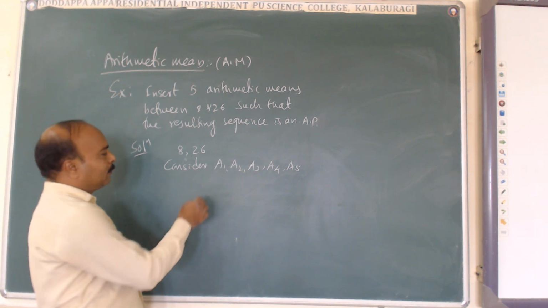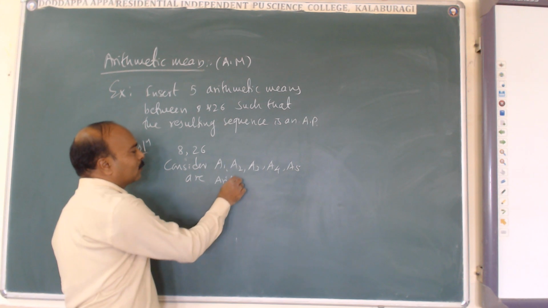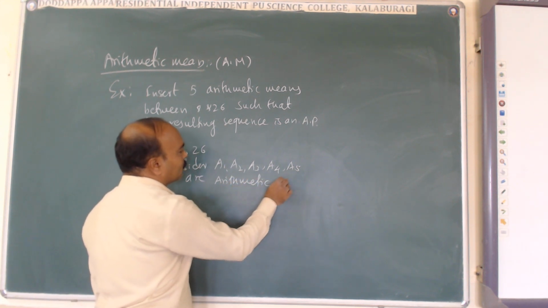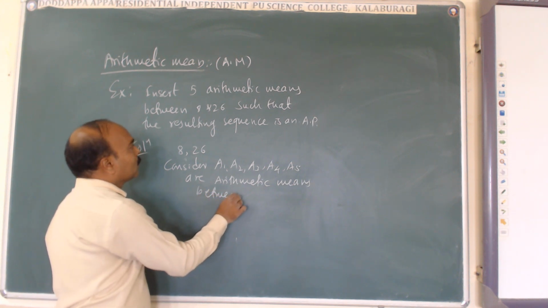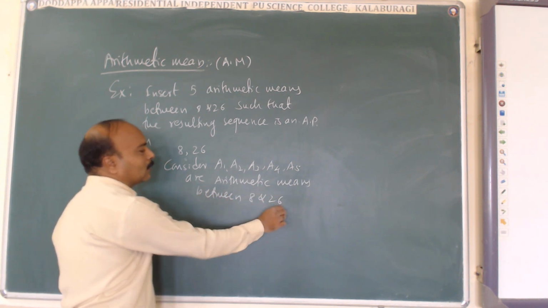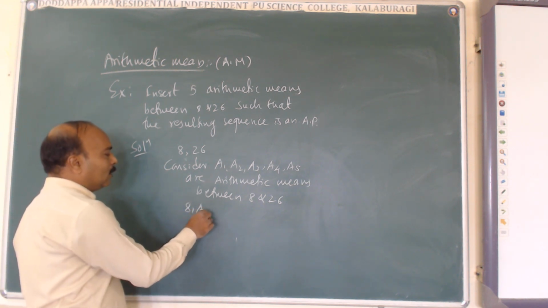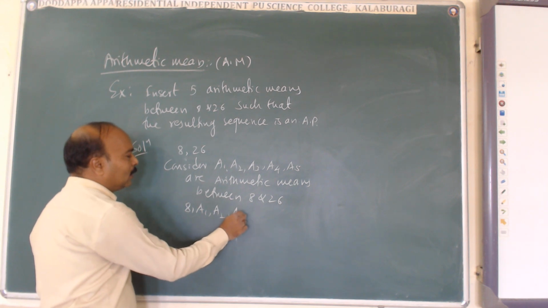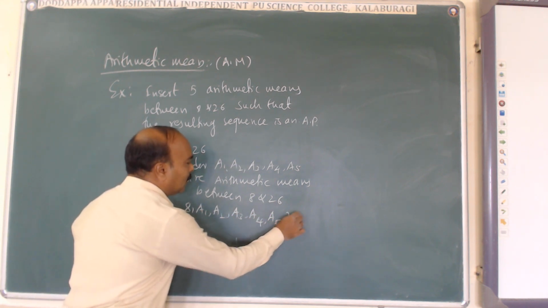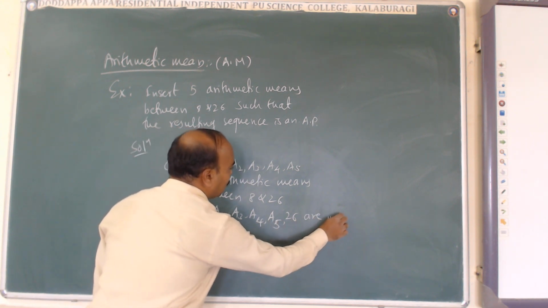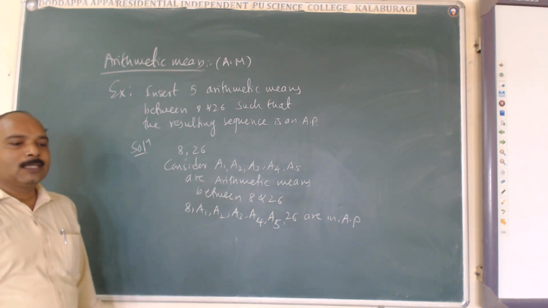These are 5 arithmetic means between a and 26. Now we observe that a, a1, a2, a3, a4, a5 and 26 are in AP automatically, because if they are arithmetic means it forms the arithmetic progression here.